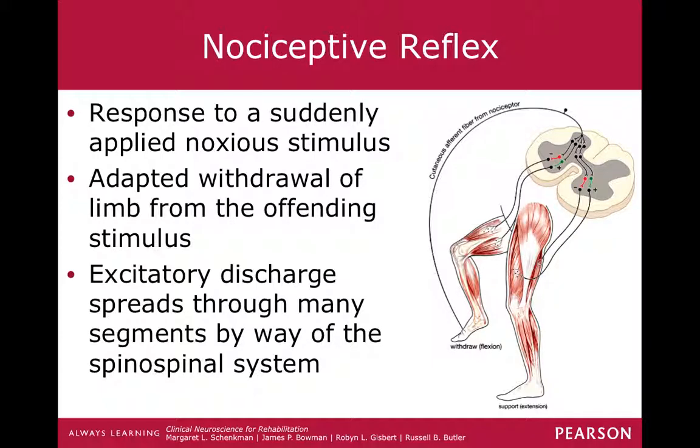The nociceptive reflex is a reflexive motor response to a suddenly applied noxious stimulus. It produces withdrawal of the limb from the offending stimulus with a contralateral postural response involving excitatory discharge, which spreads throughout many segments by way of the spinal system.